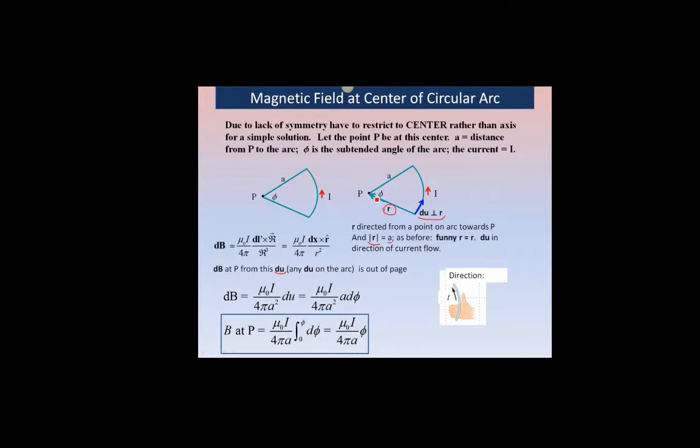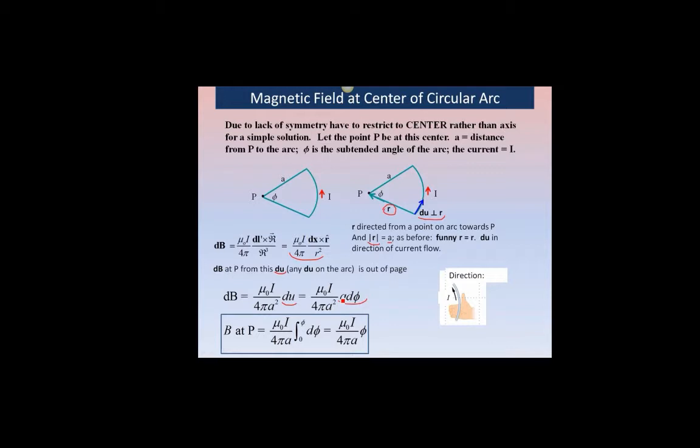So the field due to these little dl's will be out of the page at the point P. The magnitude of dB will be given by mu 0 I over 4 pi a squared dl, and that comes about by just putting in the vectors here. These are perpendicular to each other, and then using the same relationship for dl and d phi.